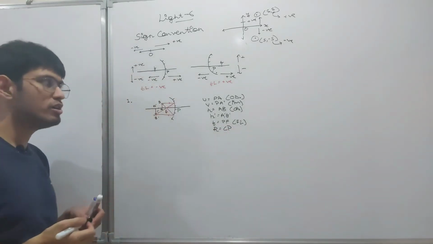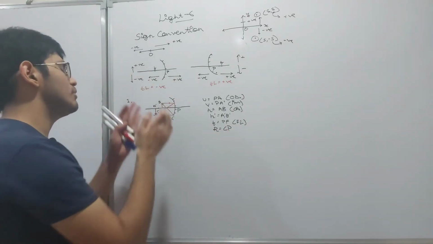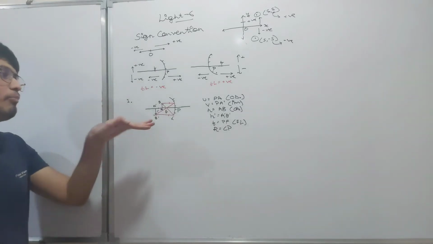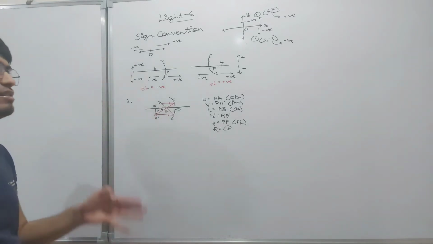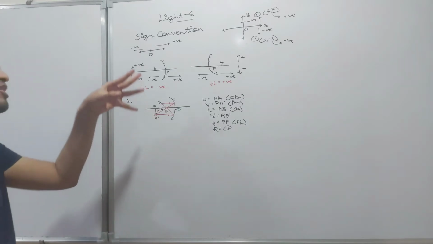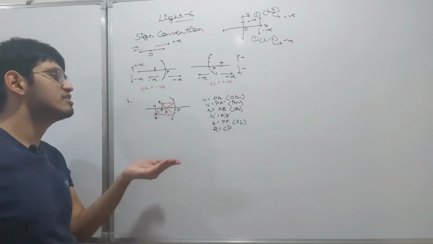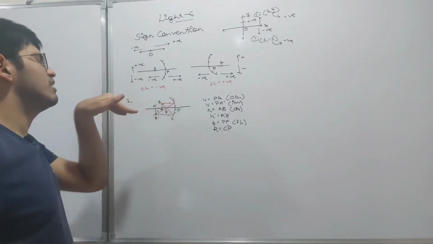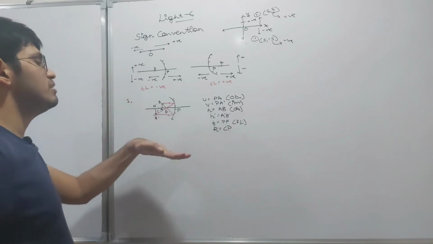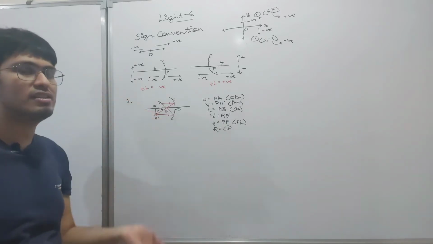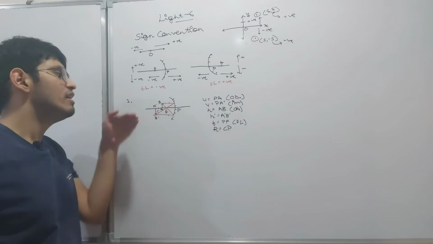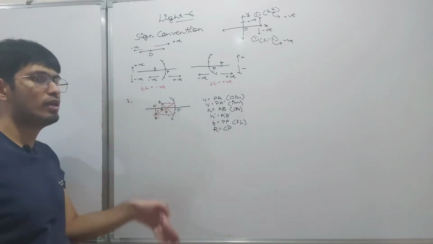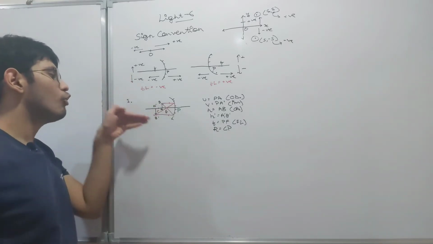So the object distance is the distance between the pole and the object. The image distance is the distance between the pole and the image. The distance between the principal axis and the top of the object is the object height. The distance between the principal axis and the top of the image is the image height. Okay, focal length, what is the focal length?